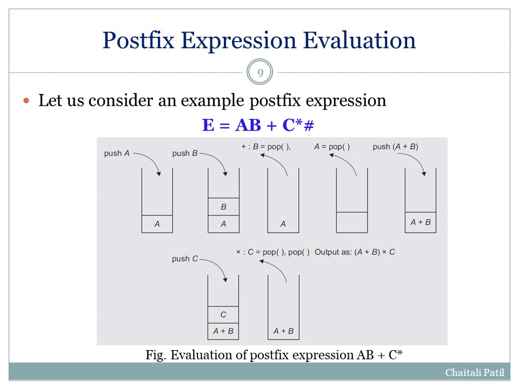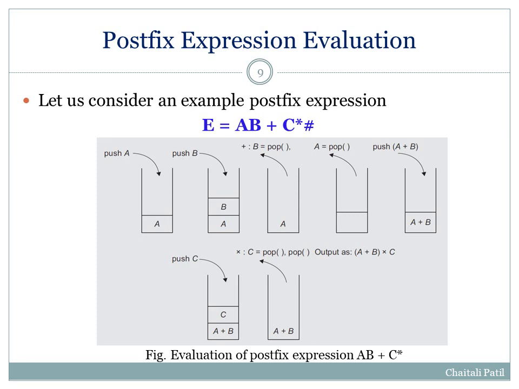Remember, the first element that is popped out, we consider as operand 2. So we perform the operation A plus B. After performing this operation, we have to push this as an operand into the stack.